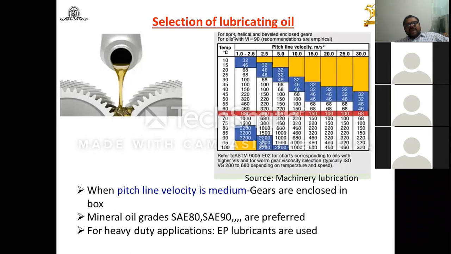So in this way, you can refer to the chart, or you can go by the pitch line velocity, medium load, heavy load, and different grades of oils are available. From that, you will get the idea. Pitch line velocity is important, that means speed. Second, viscosity index. And temperature, how much is the temperature inside the gearbox. Accordingly, you can select it.